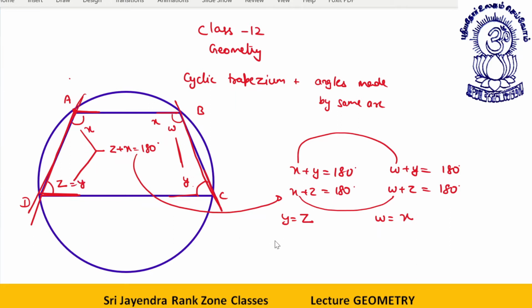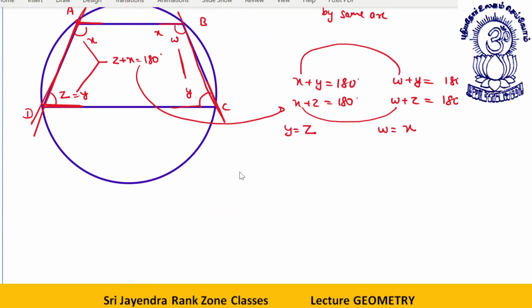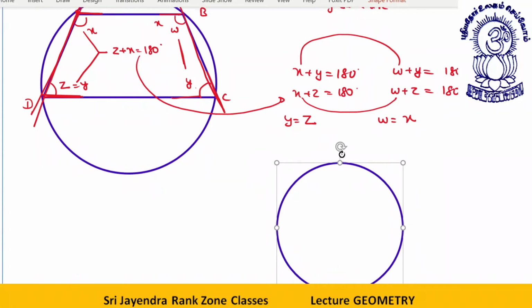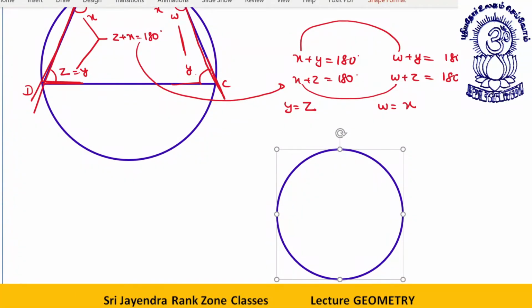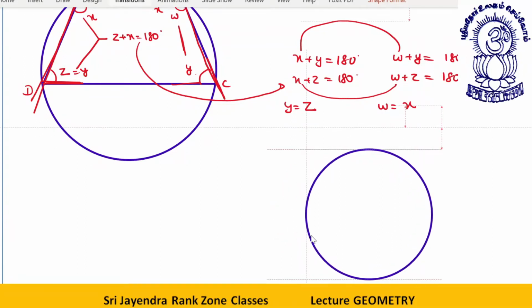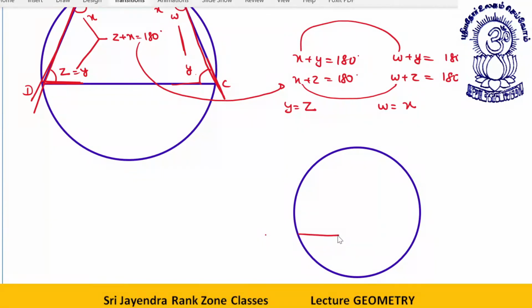So my dear students, what we can say in a cyclic quadrilateral, if we have a circle, and in this we have a trapezium, A, B, C, D, something like this.